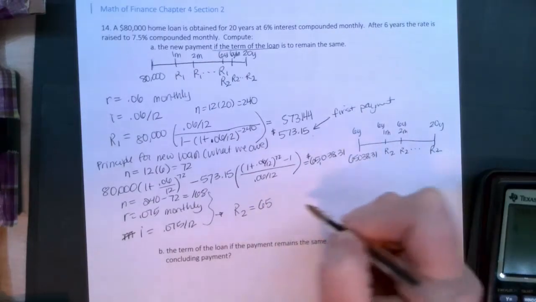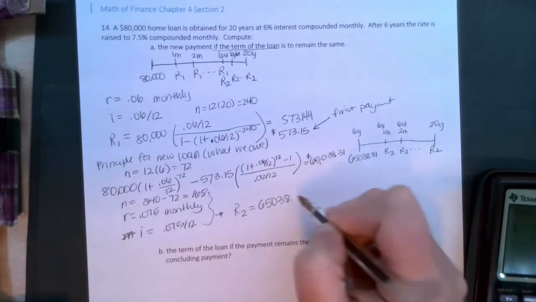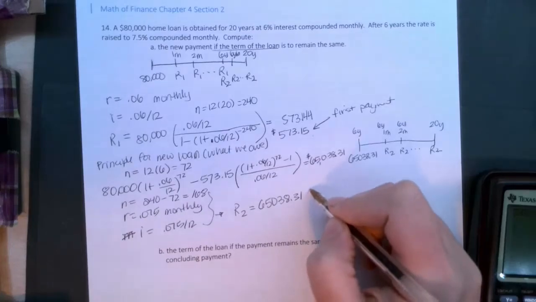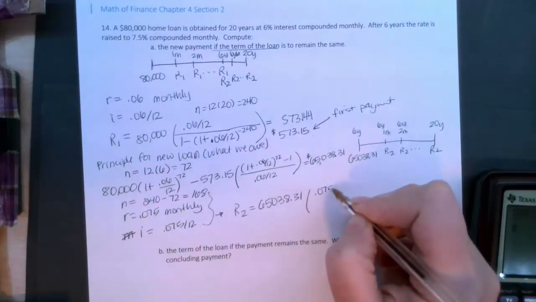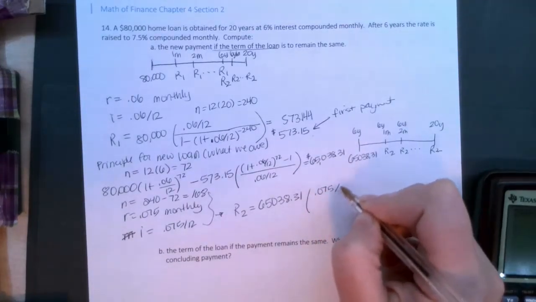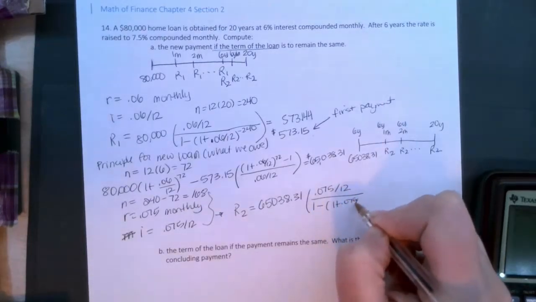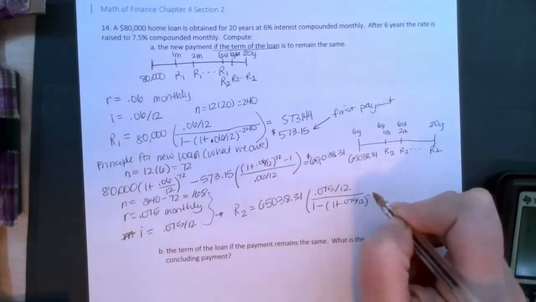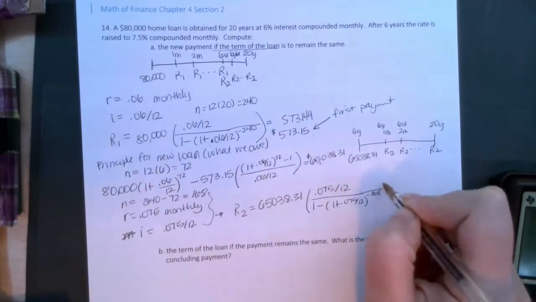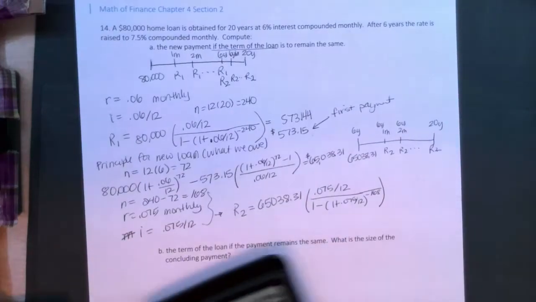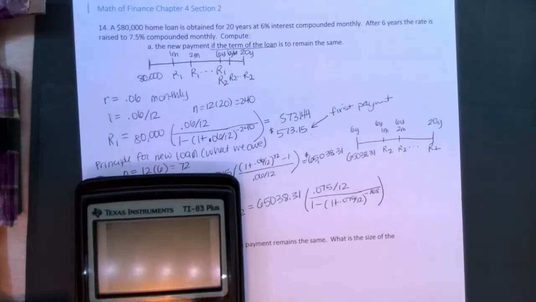So that's 65,038.31 times 0.075 over 12, divided by 1 minus 1 plus 0.075 over 12 to the negative 168. And putting that in our calculator. There's our numerator.